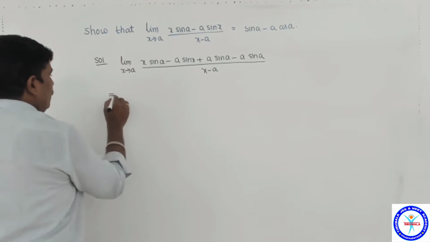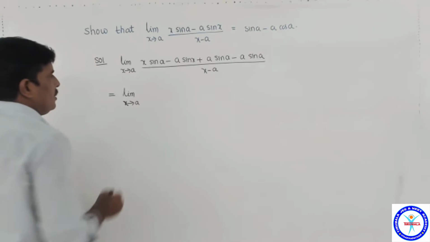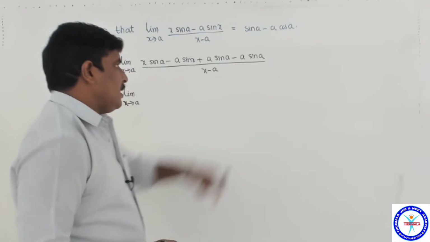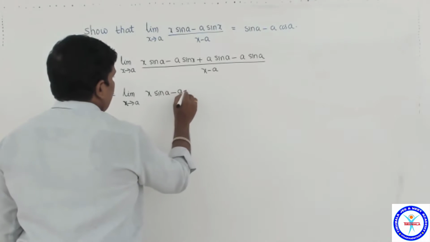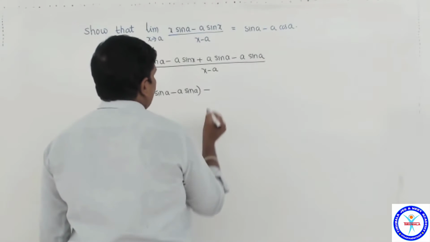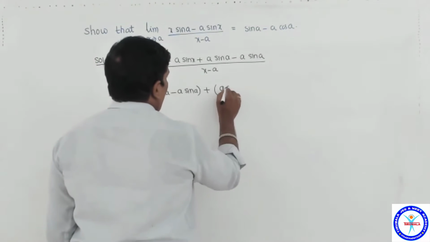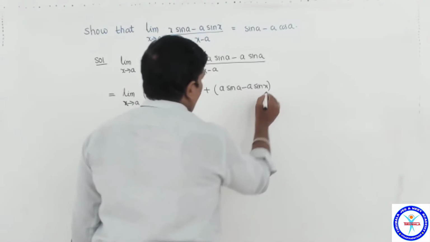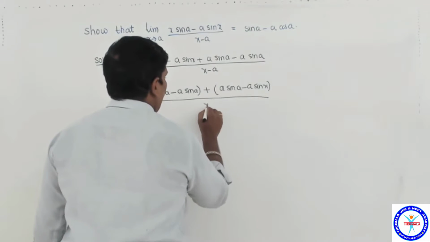This is equal to limit x tends to a of [x sin a minus a sin a, minus, now plus a sin a minus a sin x] divided by x minus a.